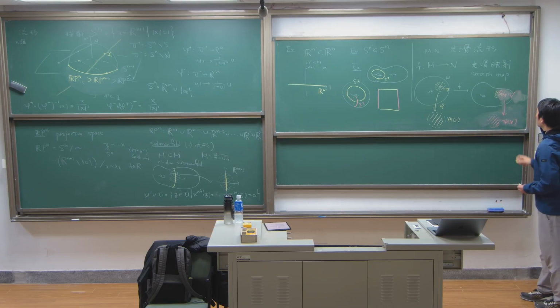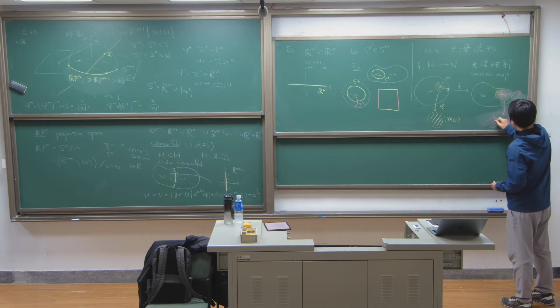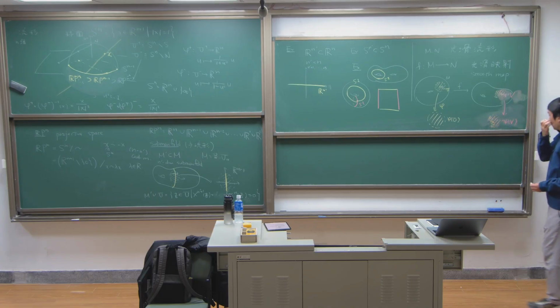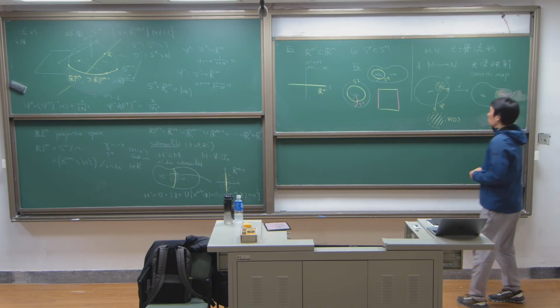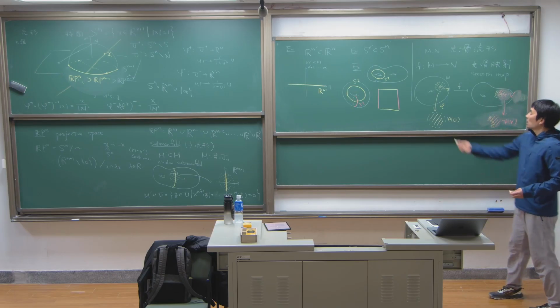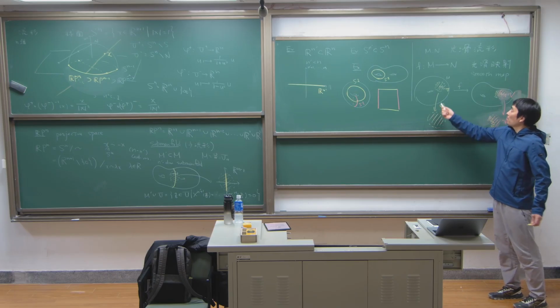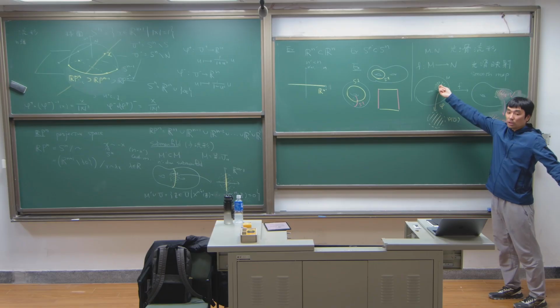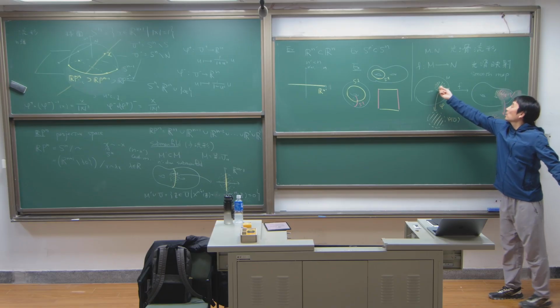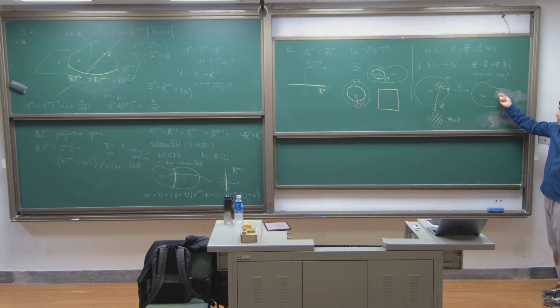So the intersection is something like this one. This yellow part is mapped by phi inverse to this part, and this yellow is mapped to here, and the intersection between yellow and red is mapped to here.